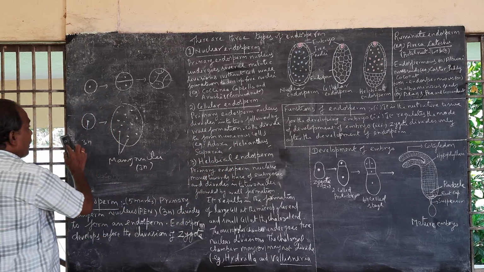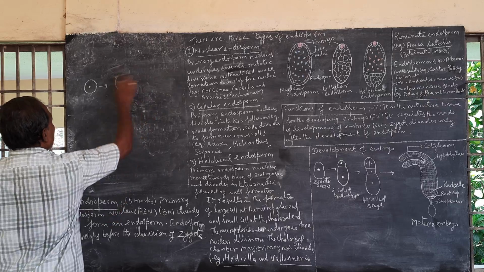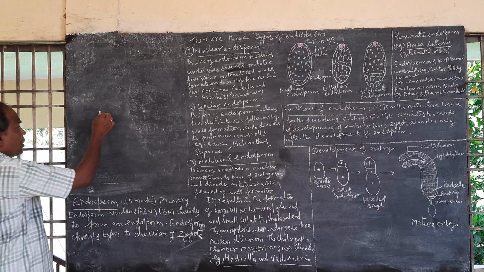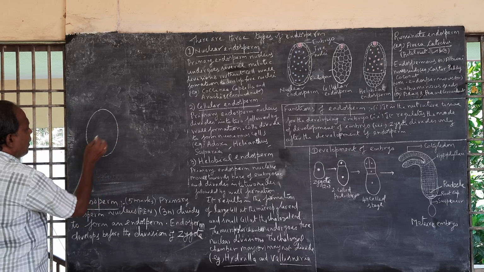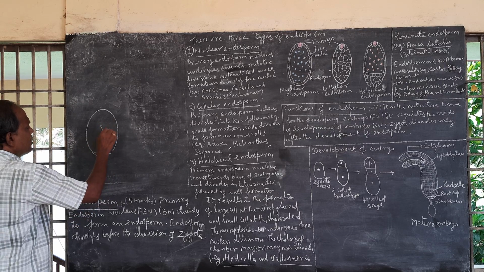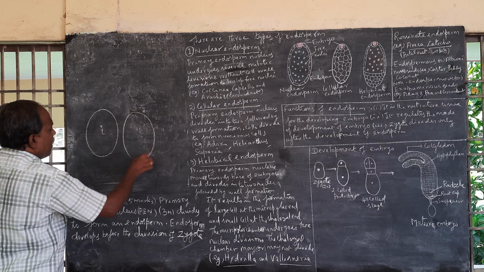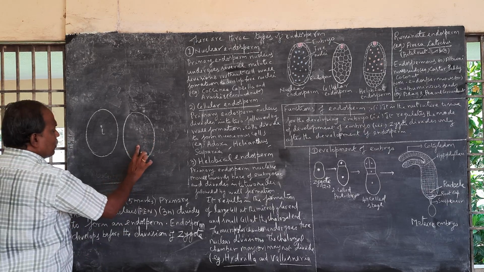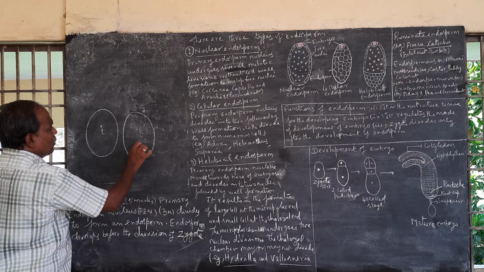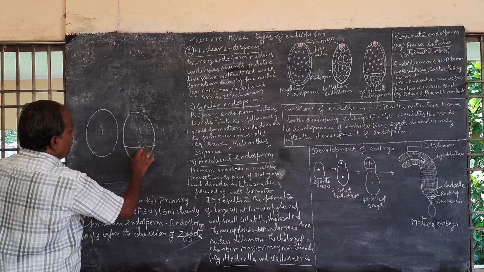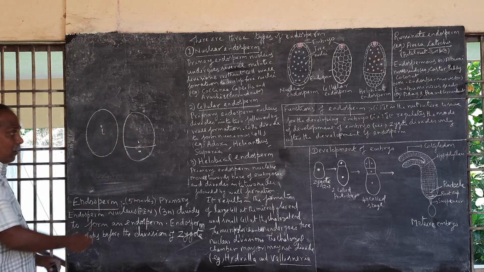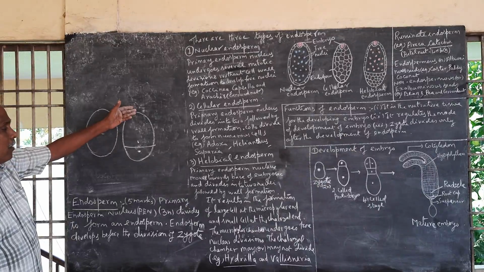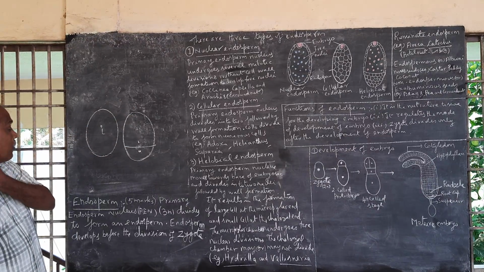Helobial endosperm. So quite a different one. In helobial endosperm, the primary endosperm nucleus moves towards the lower end and divides into two nuclei, followed by wall formation.